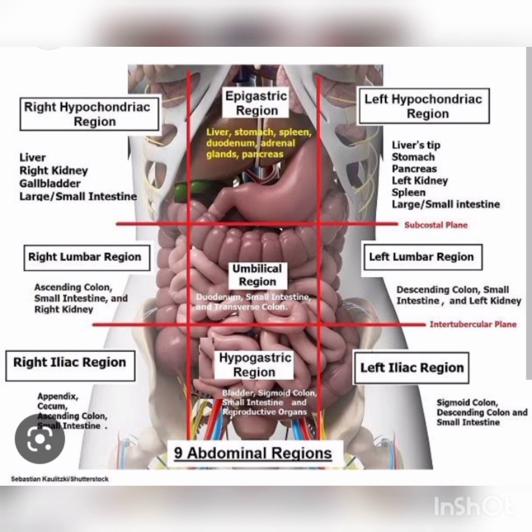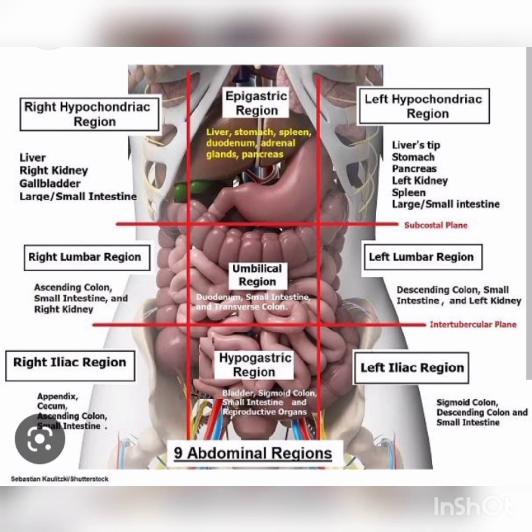Okay, in this hypogastric region you can see the bladder, sigmoid colon, small intestines and reproductive organs, both male and female. Even the urinary bladder and the sigmoid colon, which is the part of the large intestine just above the anus or rectal region.